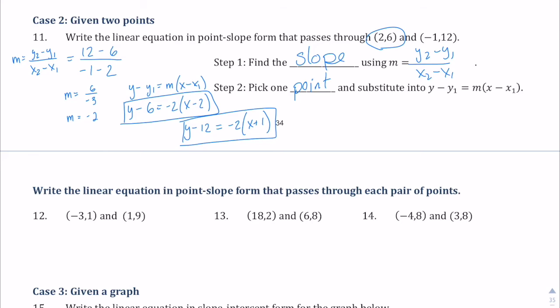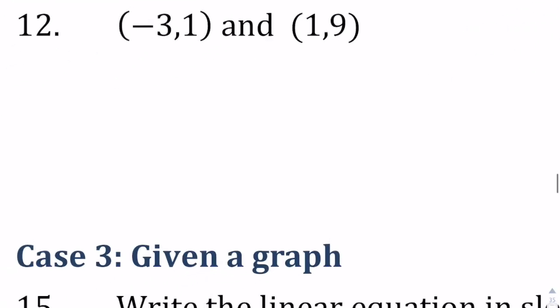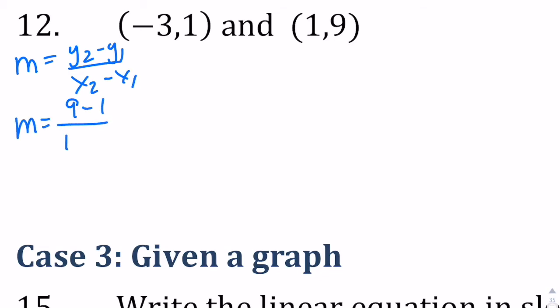So let's look at another example here. We've got the point negative 3, 1 and 1, 9. So we start with m equals y2 minus y1 over x2 minus x1. M equals 9 minus 1 over 1 minus negative 3. So our slope is 8 over 4, or 2.